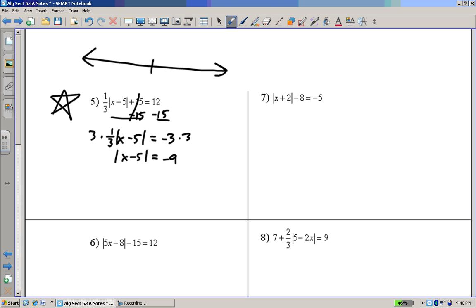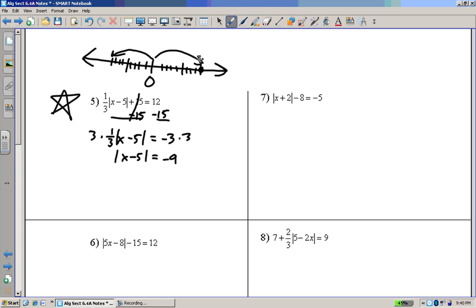Now, I can draw my 0. I can find something that's 9 units away. This is 9 units away from 0. The problem is, if I go the other way, you might think it would be negative. But that's not true.